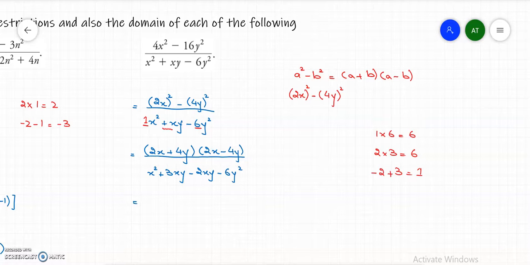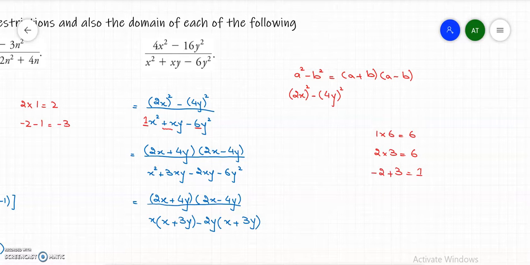Okay, let me combine the like terms. So the numerator stays the same: 2x plus 4y and 2x minus 4y. We have done factoring of the numerator. Okay, so in the denominator, again we can take x common because x is common in the first two terms, and we are left with x plus 3y. And after taking negative 2y common, we are left with x plus 3y.